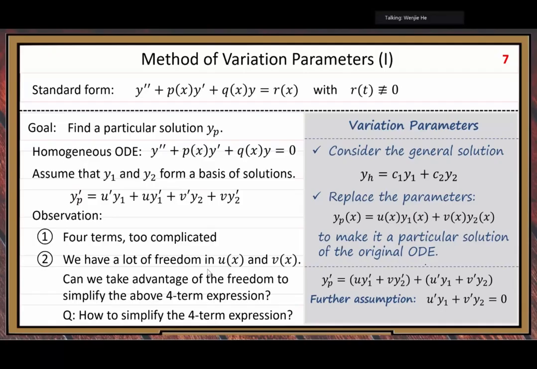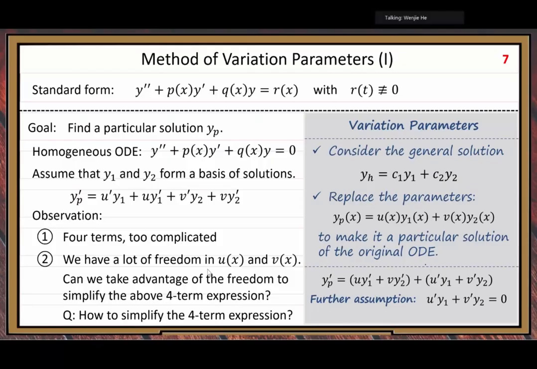When you make this assumption, you need to think about whether it is too much assumption. You assume too much. That could happen.